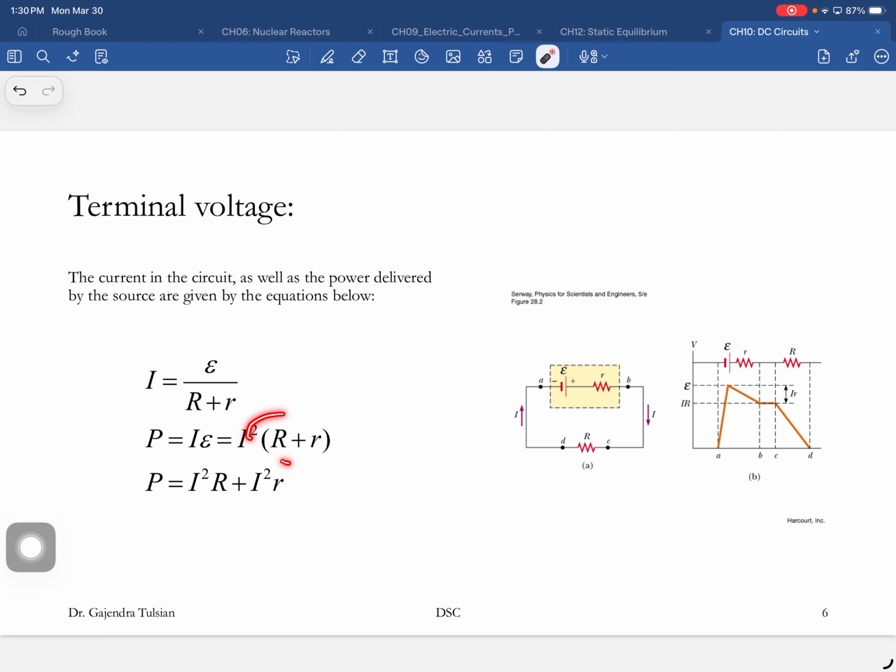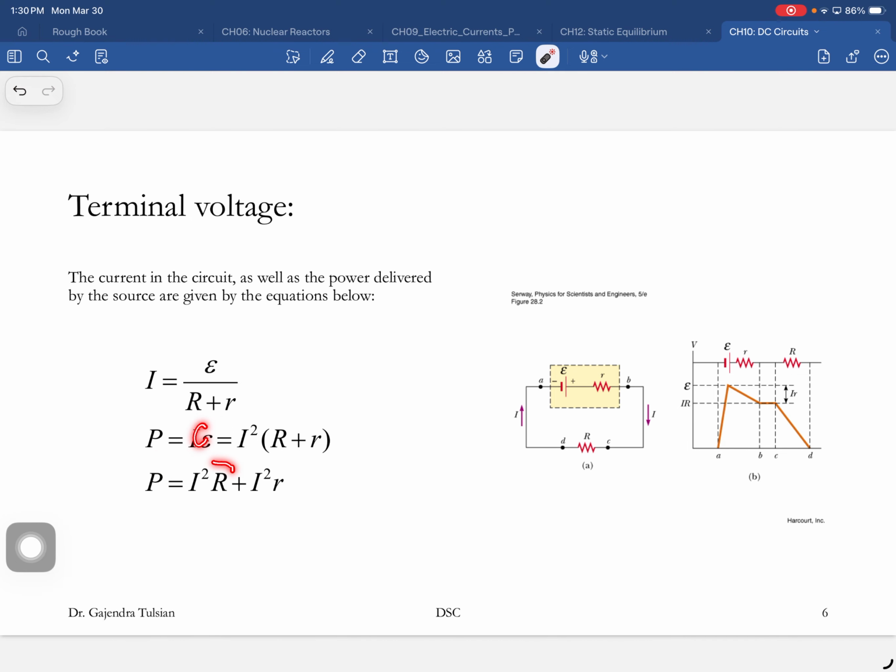Okay, so let me draw that again. So here's the voltage, here's R1, I1, and I connect the same voltage source. This I1 is the same as this I1.